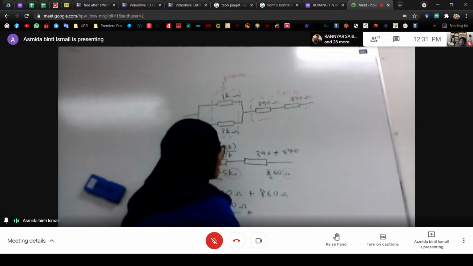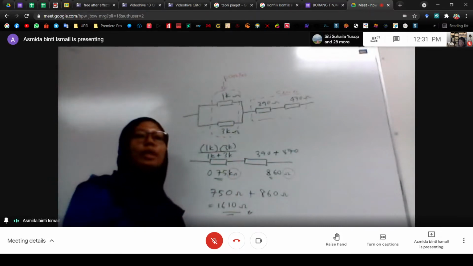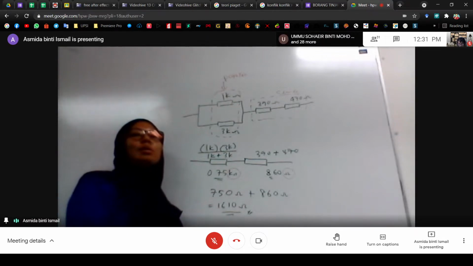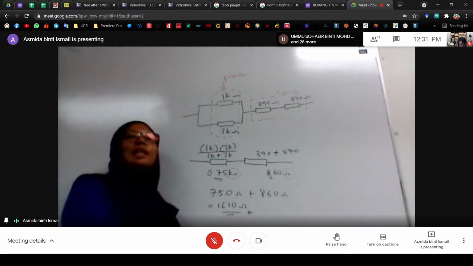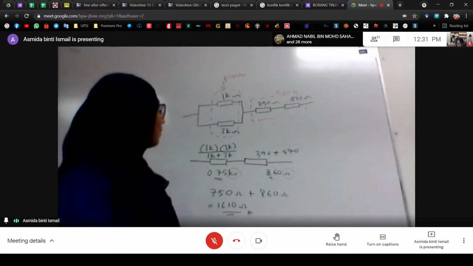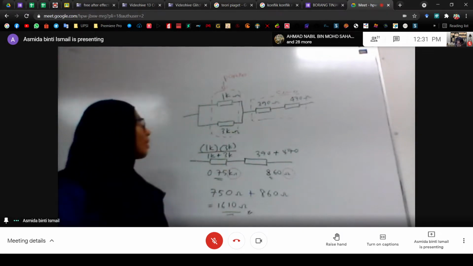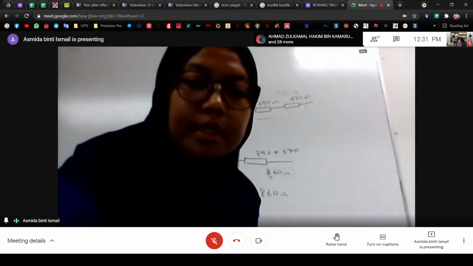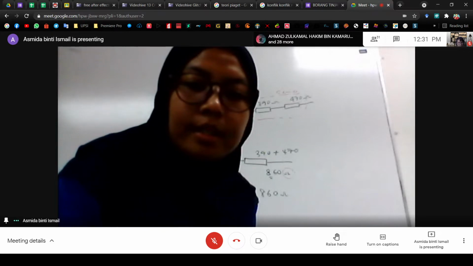Cuma takut nanti awak lupa nak letak nilai kilo ni kat belakang. Convert manually also can. You can learn more and you can understand more. Okay, that's the answer for this exercise.